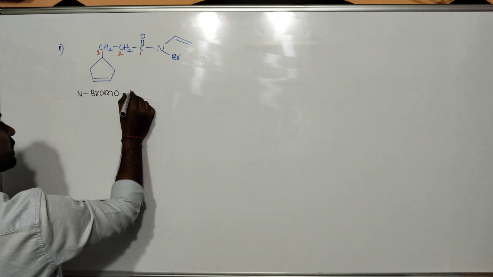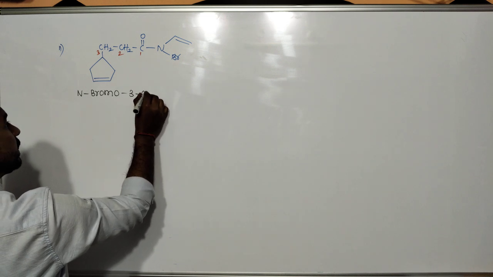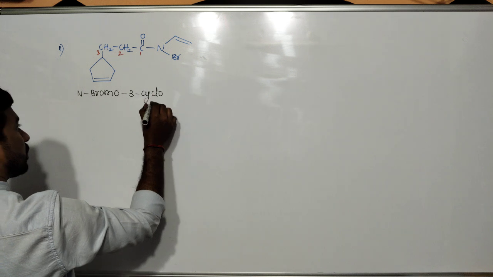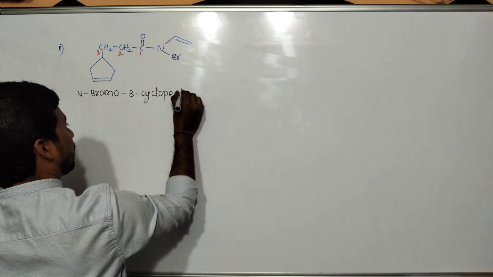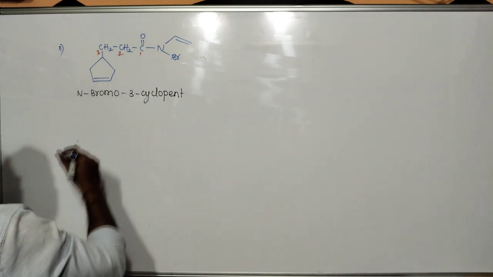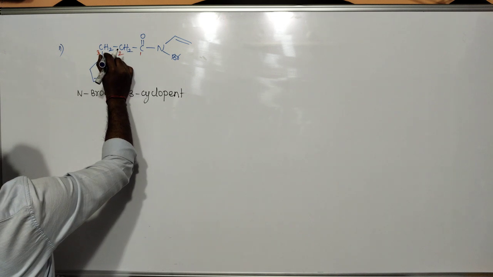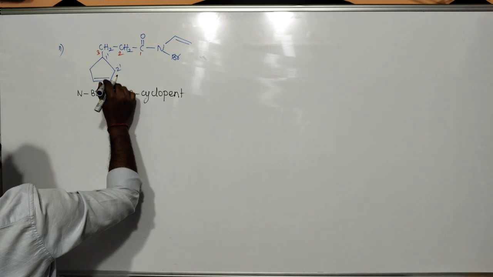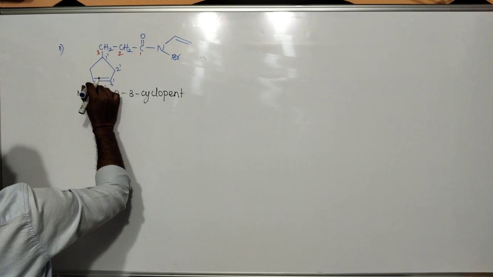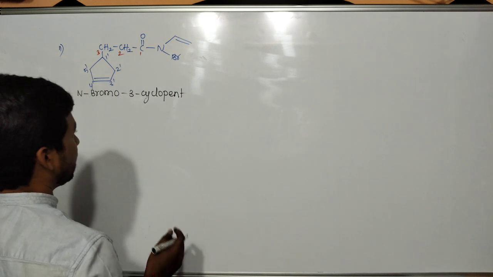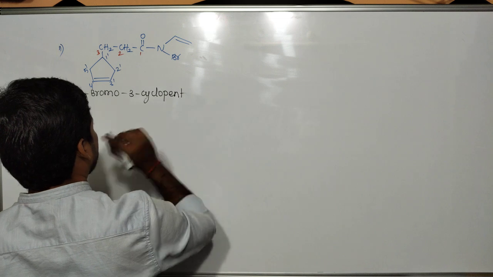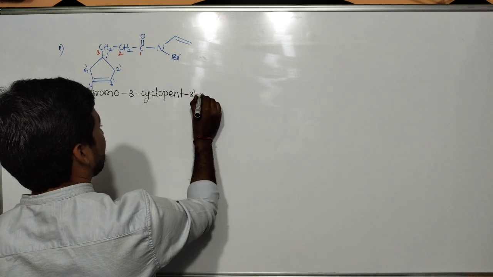After bromo consider cyclo. 3-cyclopent. For numbering, the linking carbon becomes 1 prime, and then 2 prime, 3 prime, 4 prime, 5 prime. Use prime, otherwise write directly. 3-enyl, 3 prime enyl.